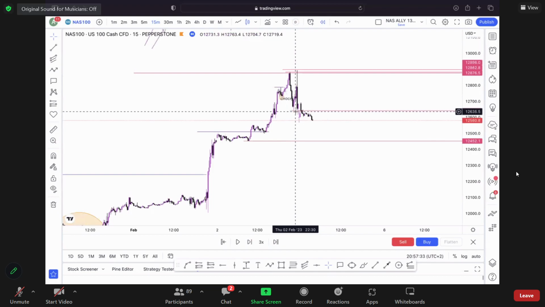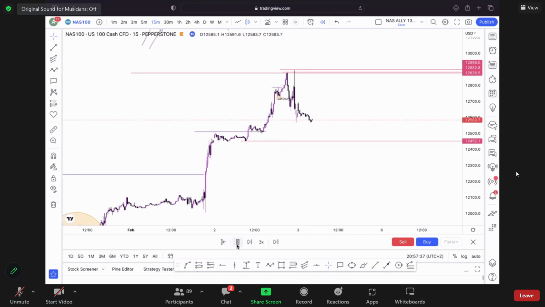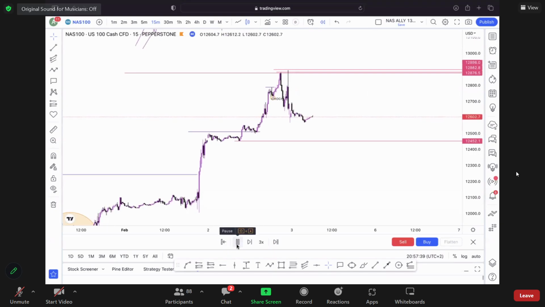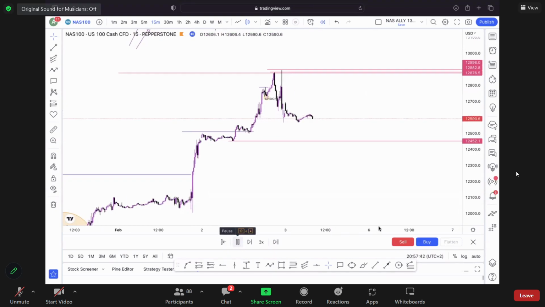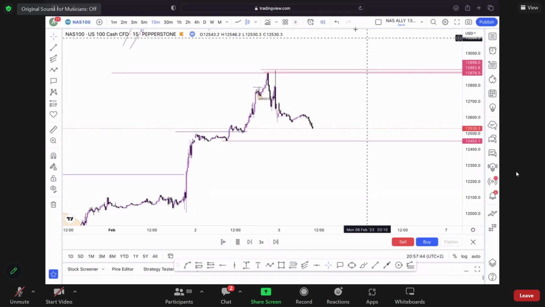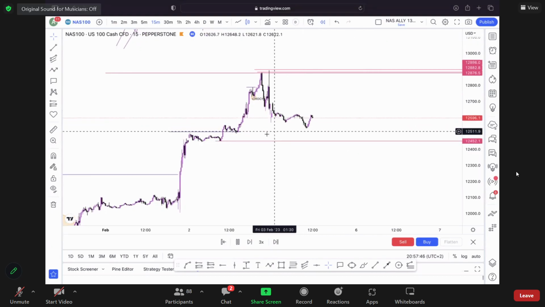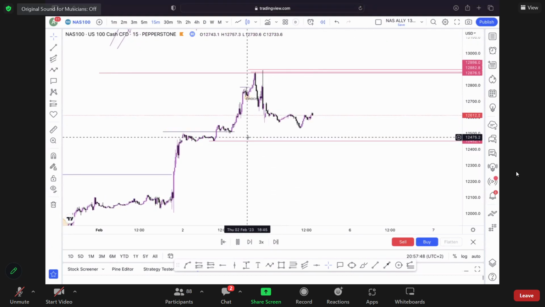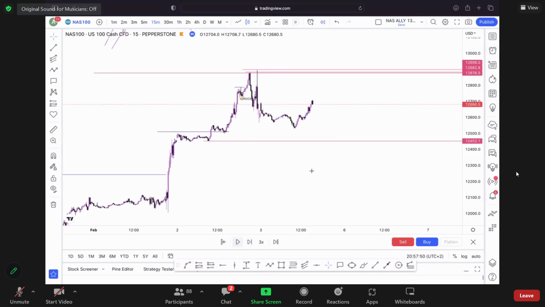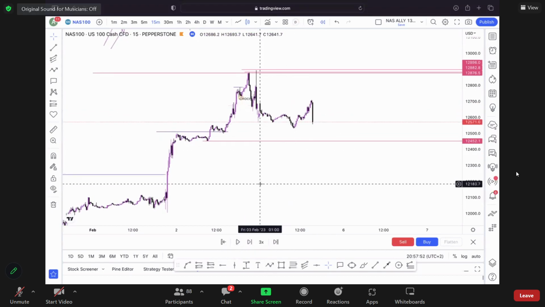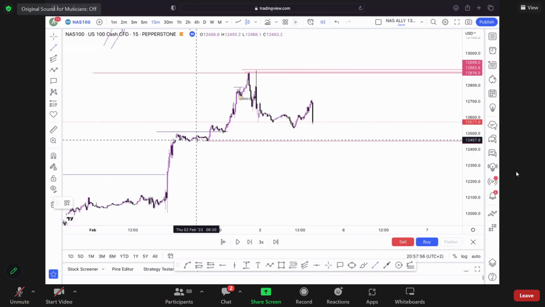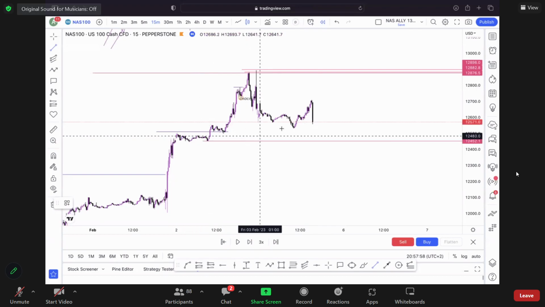As the market fractally takes out that structure, where do we come to? Okay, what do we do here at the low? What happens here at the low? We respect the low.